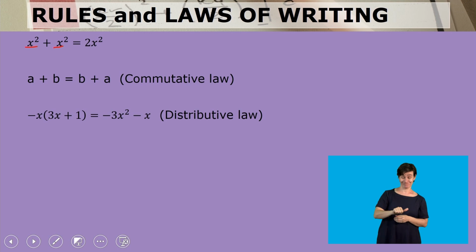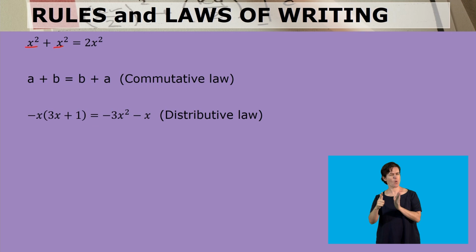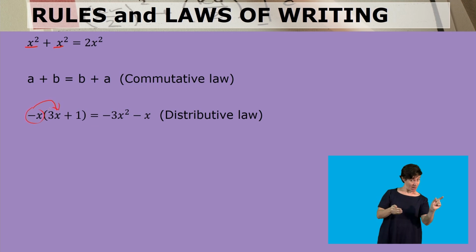And the next law is the distributive law, which states that the term outside the bracket must be multiplied with every term inside the bracket. So negative x multiplied by 3x gives us negative 3x squared, and negative x times 1 gives us negative x.